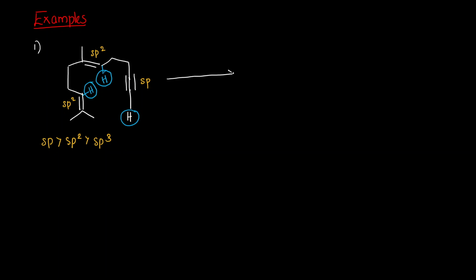So if you treat this compound with ethyl magnesium bromide in diethyl ether, so we have the ethyl magnesium bromide. So this is delta positive and this is delta negative. So this will take this hydrogen.